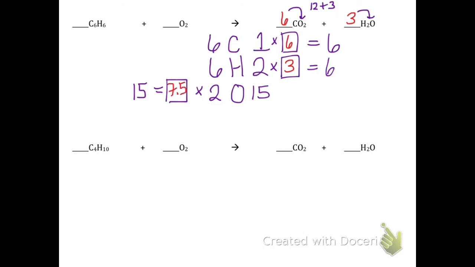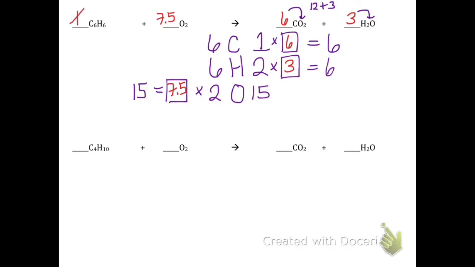All right, so here, if you put 7 and a half, that's not really a whole number here, and so this would be 1. We can't leave it like this because there's no such thing as a half of an oxygen gas. So the question is, how can we get rid of a 0.5? All you're going to do is take each of these numbers and double it.